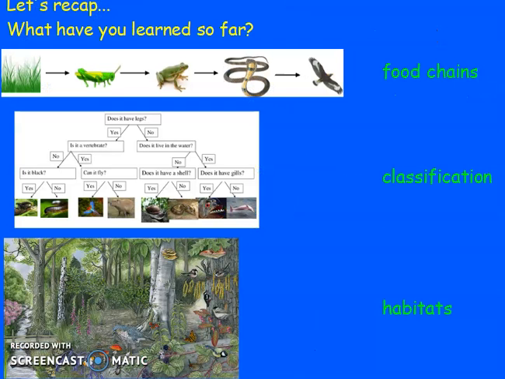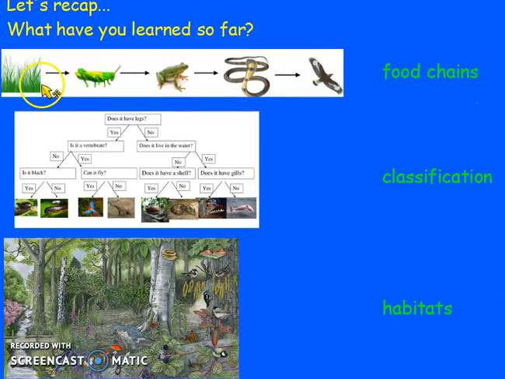Can you remember what you've learned so far about animals? These pictures and words might jog your memory. So we started off by looking at food chains and how animals survive by eating one another.